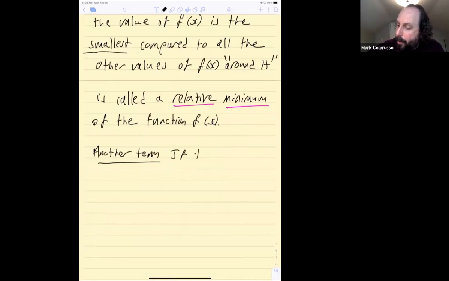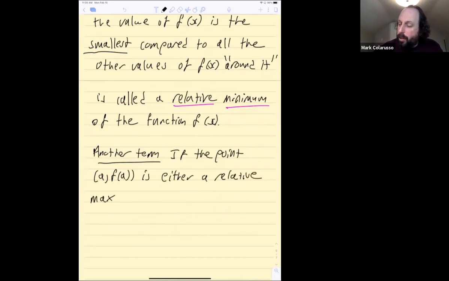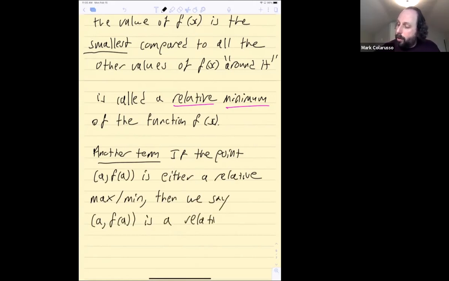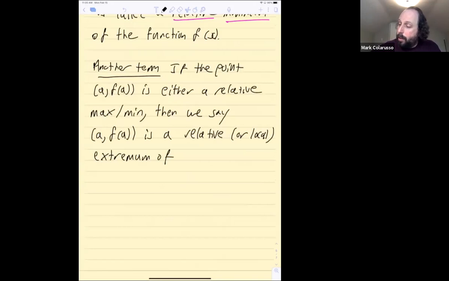If the point a, f(a), is either a relative max or min, so one or the other, then we say f(a) is a relative or local (some people call this local) extremum of the function f(x).